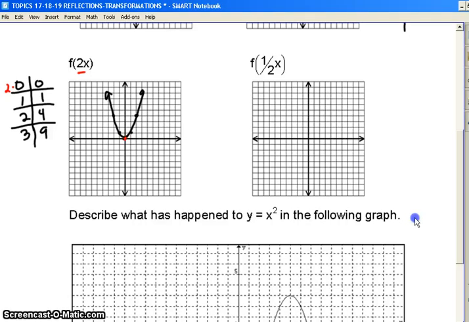Okay? 2 times 1 is 2, okay? And 2 squared is 4. Okay, so 1, 2, 3, 4. Okay, x is not 2 here. X is 1. Okay, this number right here. So that's why it's coming in narrow. 2 times 2 is 4, and 4 squared is 16. So instead of going over 2 up 4, going over 2 up 16.